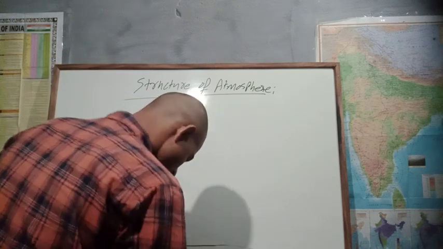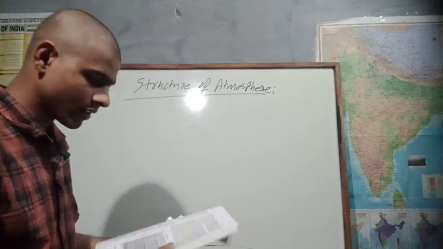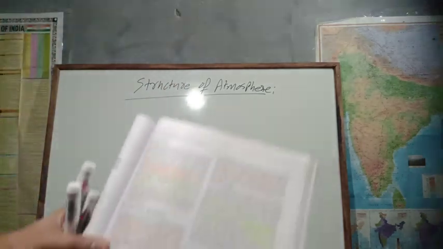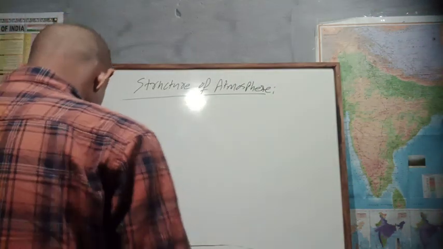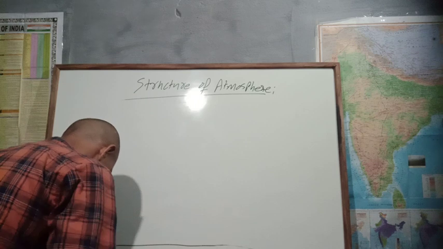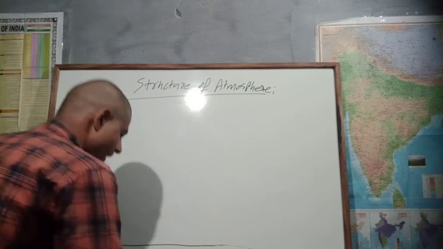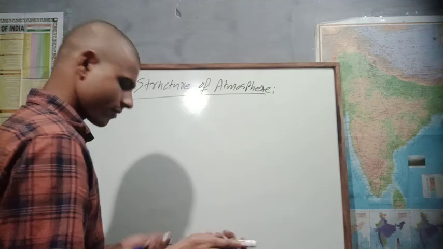It's page number 73. Here we go, this is the diagram I'm talking about. So we are going to draw this diagram. You can draw it with me. It'll take me some time.